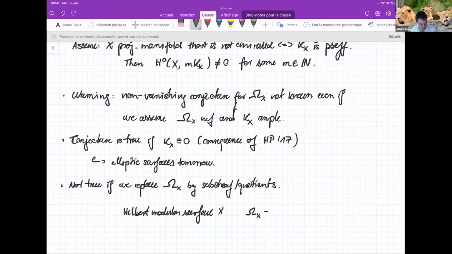These direct summands L_i are nef, so they are definitely pseudo-effective, very nice sheaves, but the Kodaira dimension is minus infinity, so you will never get global sections.